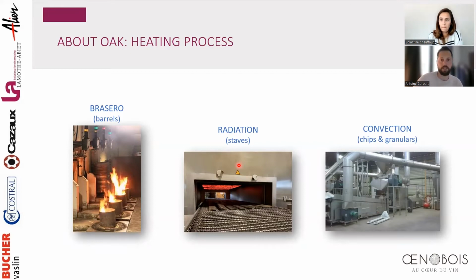And sometimes for some staves, we work with radiation heating to get more aromatic complexity for different products. The reason why we work with convection heating with chips, granular, and staves is to get a repeatable and homogeneous production for our product.